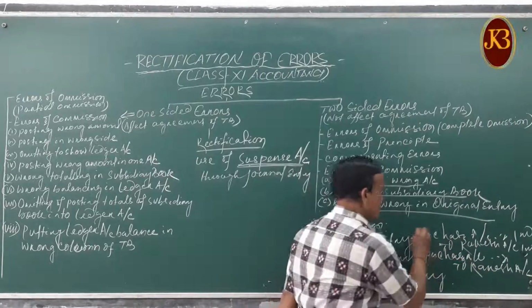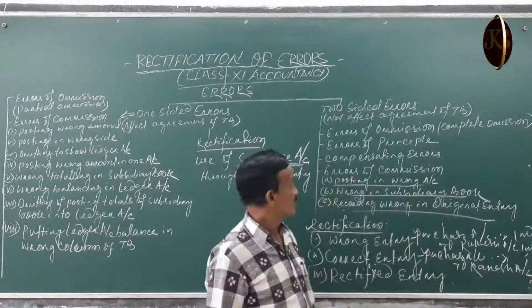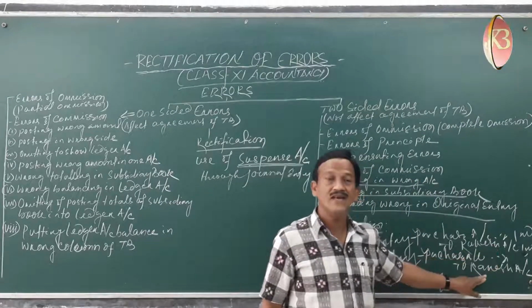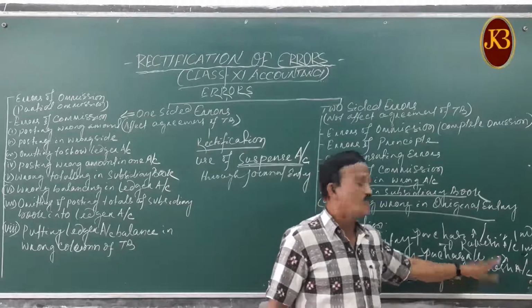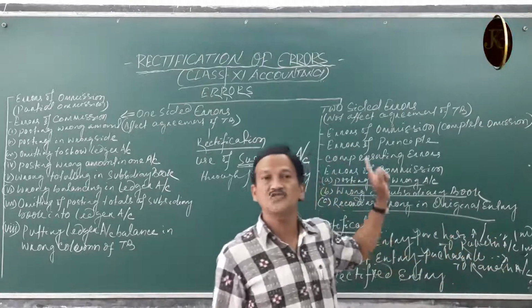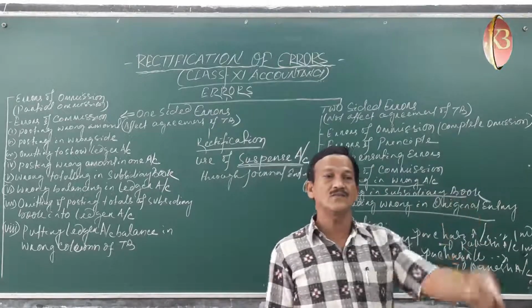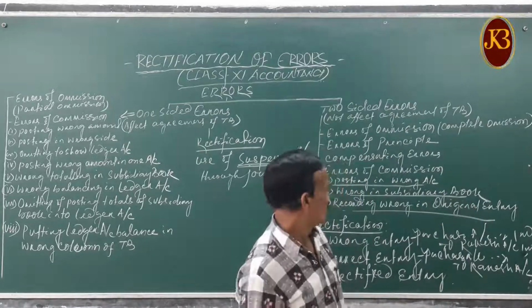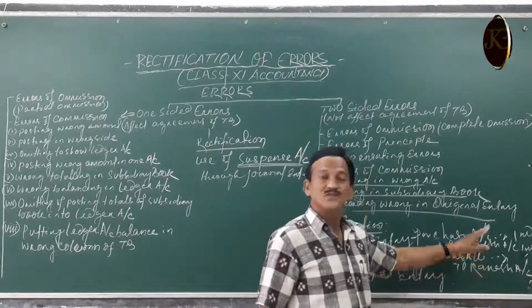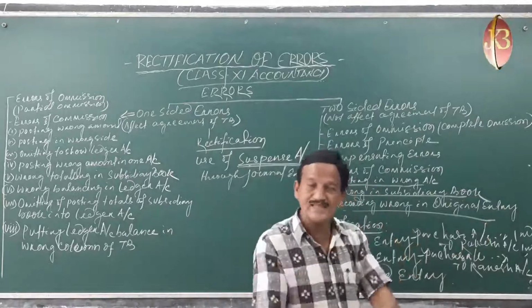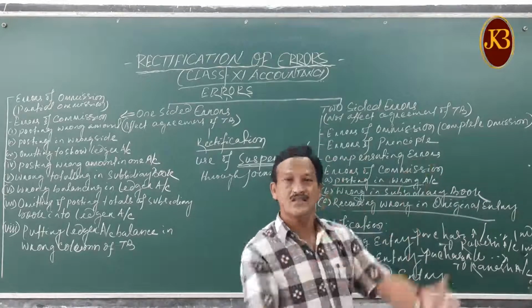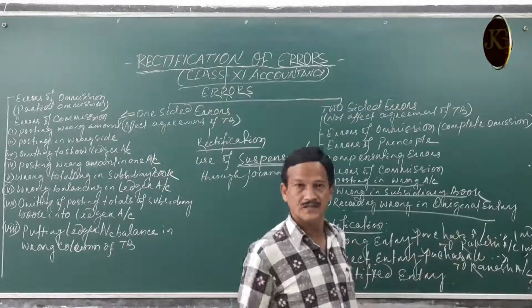So this is correct. Wrong is Rakesh account instead of Ramesh account. That means Rakesh account is wrongly credited instead of Ramesh account. So Rakesh account, which was credited in the wrong entry, make it debited, so it will be cancelled.